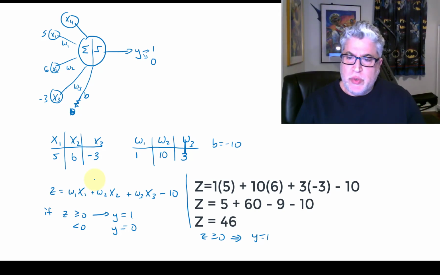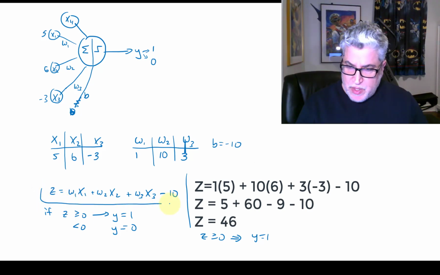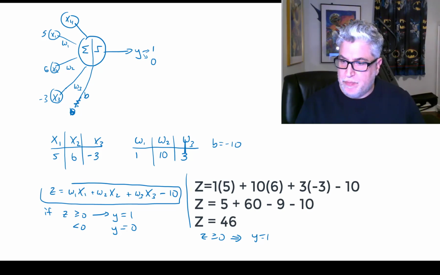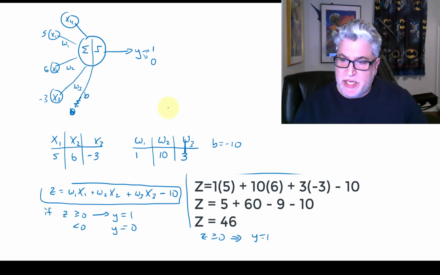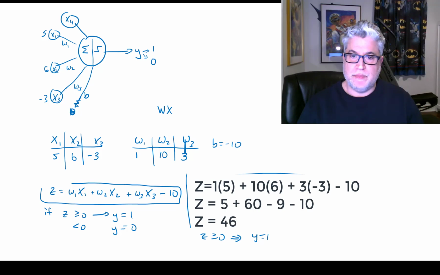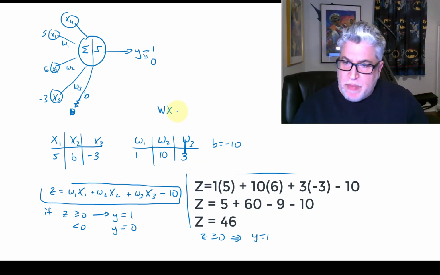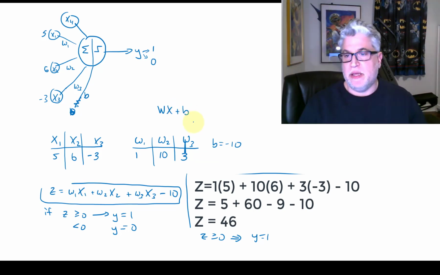Now I want to show you a little bit of a shortcut to actually writing out this whole sum in this tedious way. I like it because it's very explicit, but in various textbooks, you might see just something like this: W times X, and maybe they'll throw in a B there.